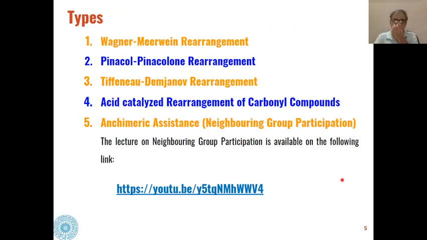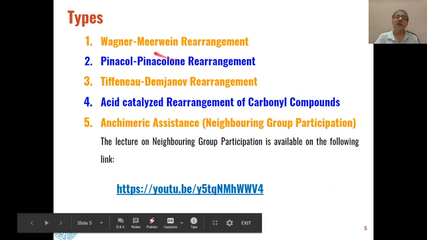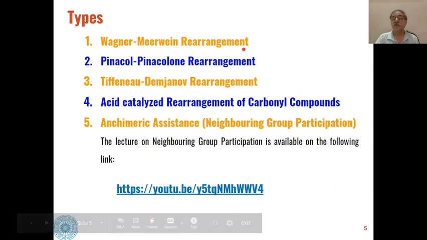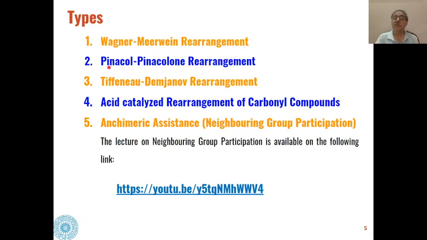Then carbocation rearrangements are mainly of these five types: Wagner-Meerwein rearrangement, then pinacol-pinacolone rearrangement, Tiffeneau-Demjanov rearrangement, then some acid catalyzed rearrangements of carbonyl compounds, and then anchimeric assistance or neighboring group participation also comes under carbocation rearrangement.